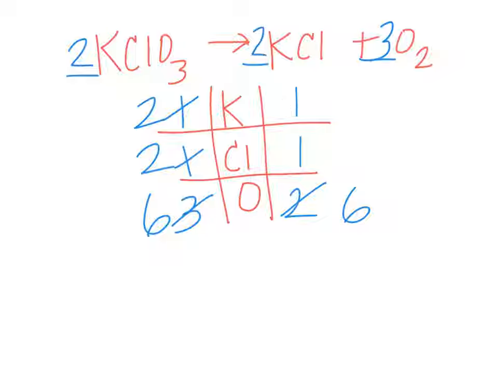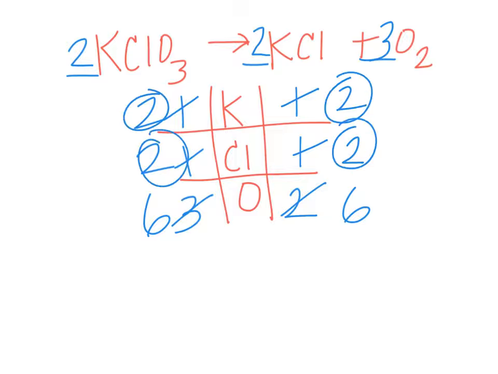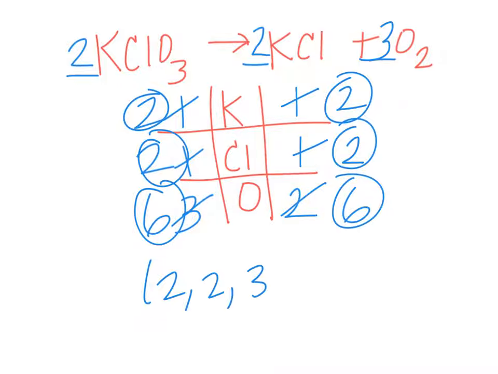And so if we put a 2 in the front, right there, don't forget, it multiplies through. So then that will give us 2 K's and 2 Cl's. So now you can see we have 2 K's, 2 Cl's, and 6 O's on each side. So now this chemical equation is balanced. So then we would say that this one is 2, 2, 3.